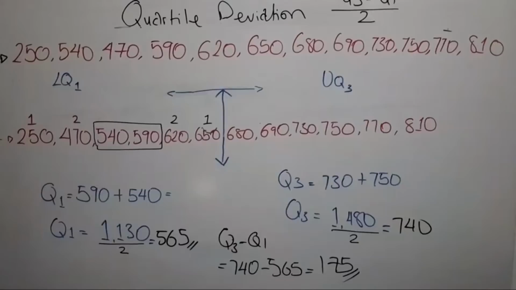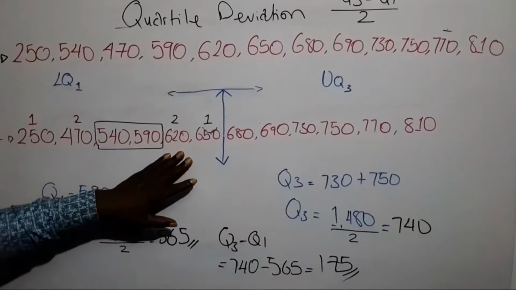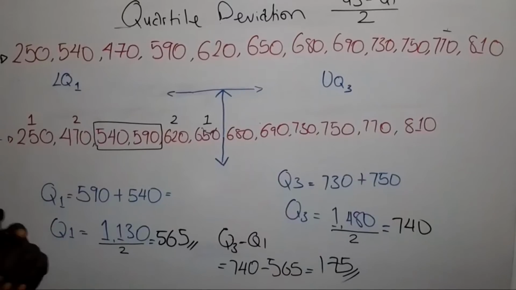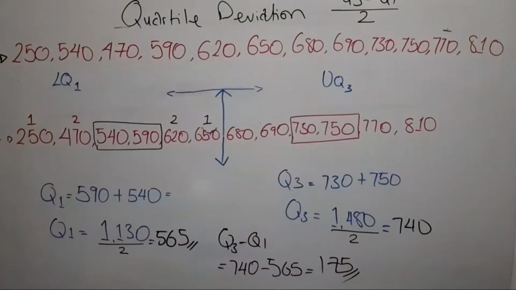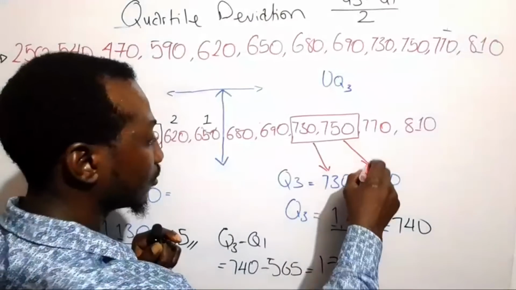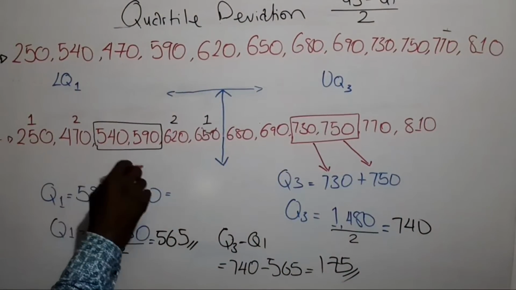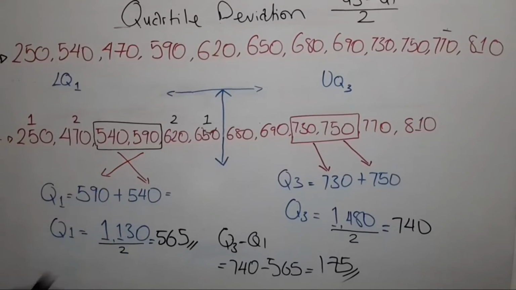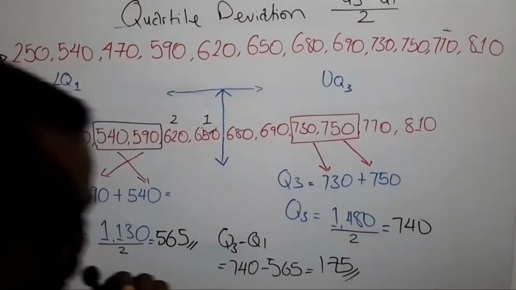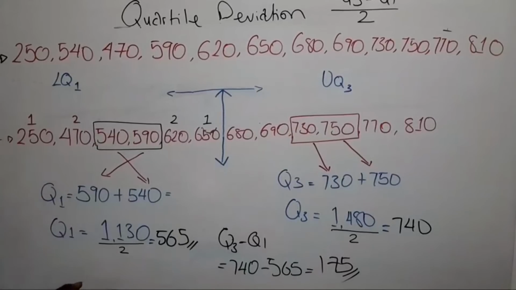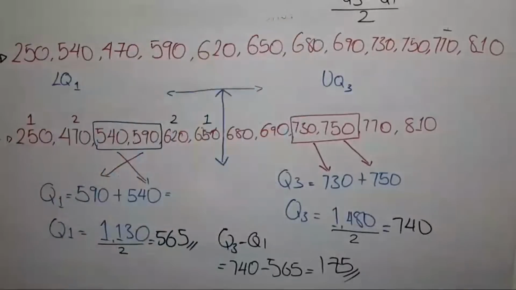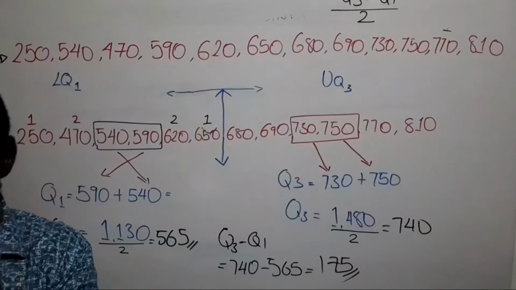Do you understand it up to this level where we did all this? Good. Now that we've added these two, Q1 is to be divided by 2. Don't forget, we are doing interquartile.